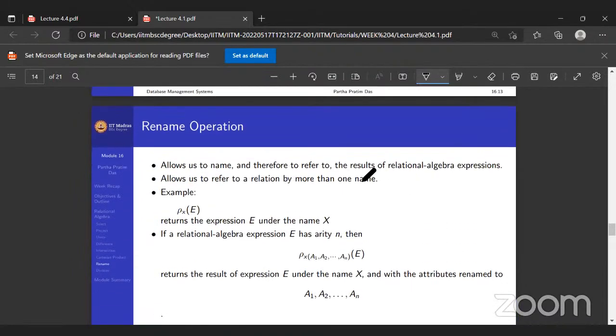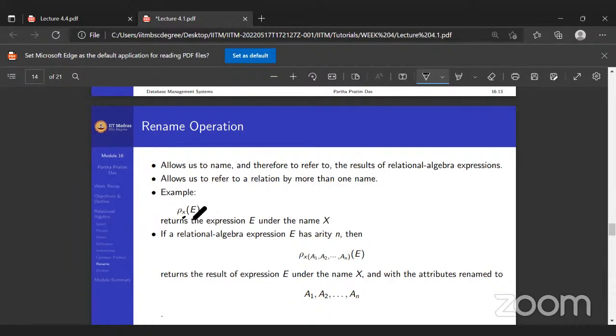Yeah, this is the rename operation. So we write this thing as the rho operation. Rho, and whatever name you want to write here, that is X. X is the name after rename, right? Here E is the expression or any relational algebra relation.